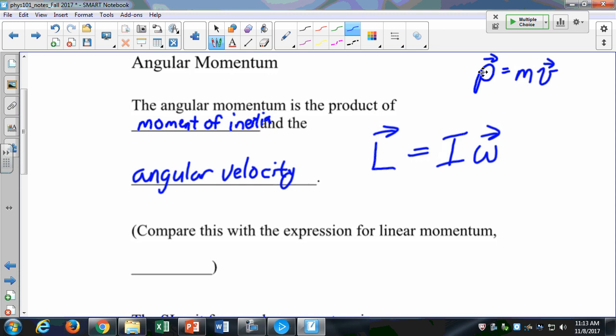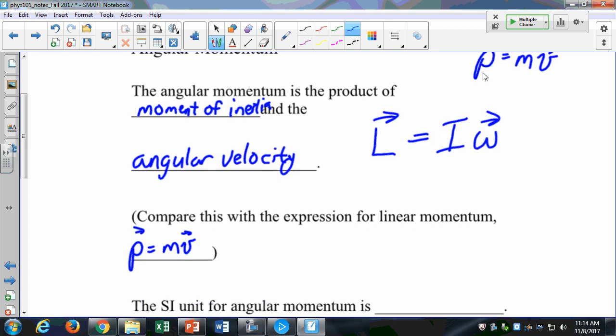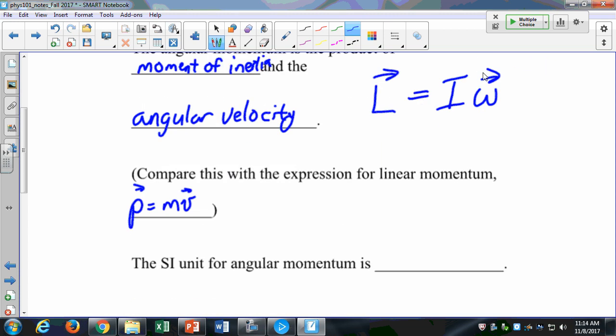Remember the right-hand rule: your fingers fold around, and then the angular speed is actually perpendicular. We'll see that again next semester, so don't sweat it too much right now. But again, we can compare this with our expression for linear momentum, p equals m times v. The SI unit is kilogram meter squared per second.